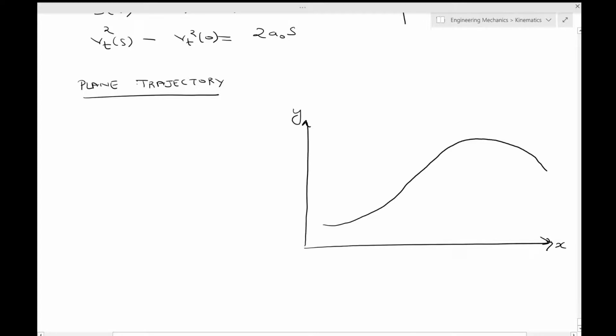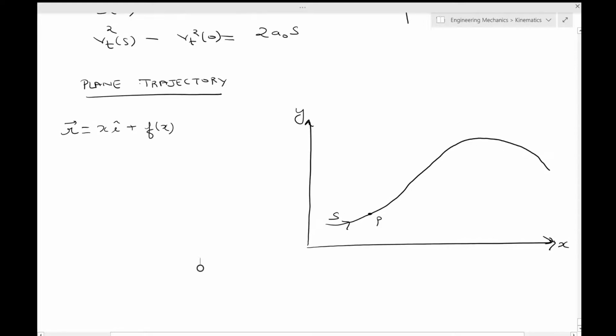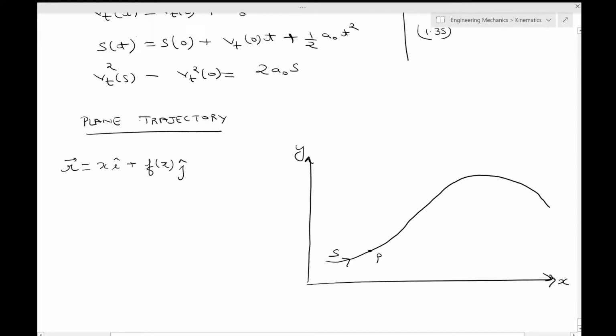At a given point P over here, let's just say that it's x comma y and this is the path S. Any position of P over here will be clearly R. So R will be equal to x i hat plus f of x j hat.